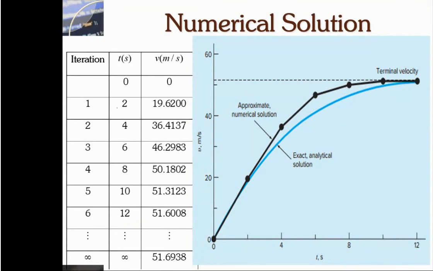So when time is at 2 seconds, we had velocity at 19.62, which is the one that we have in here. At time 4 seconds, we are having 36.41, which is what we have in here. At 6 seconds, we are having 46, which is the one we have here. At 8 seconds, we are having 50, and that is that. And at 10, we are having 51. And finally, at 12 seconds, we are having that.